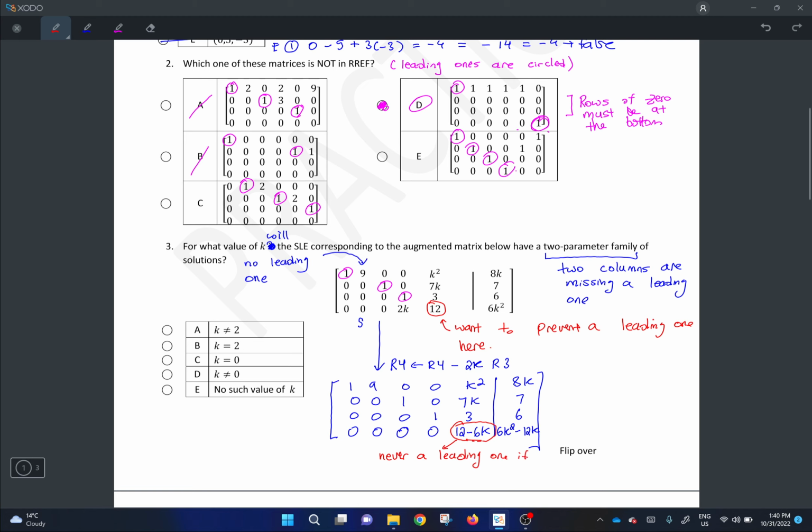If this equals 0, we need the right side equals 0 too. Otherwise, no solution. So if we have 0, 0, 0 all the way across, it's not going to be a family of solutions. There'll be no solution.